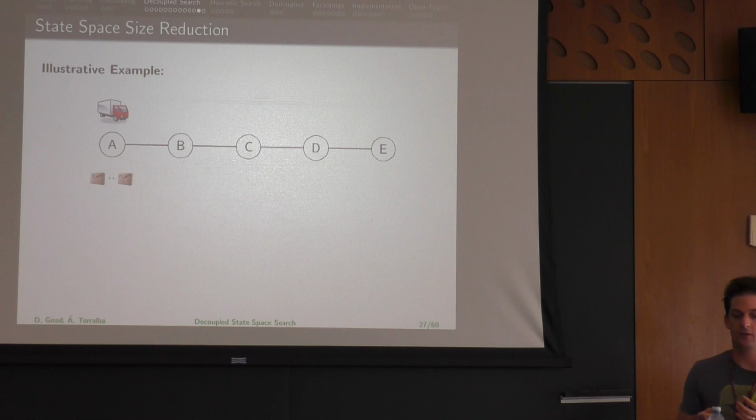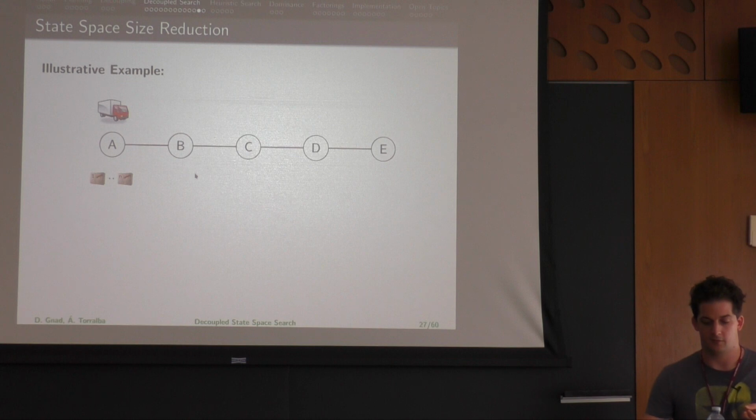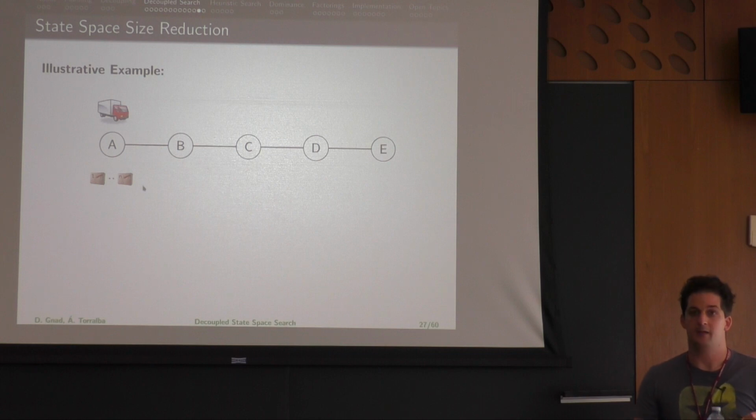To conclude this section, I want to show you two examples, one where decoupled search works really well and one where it doesn't. So this is a slight modification of our running example where you have a sequence of locations and the truck can drive between any connected locations, and you have n packages.